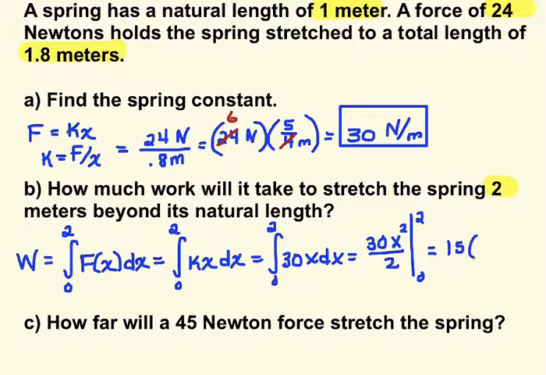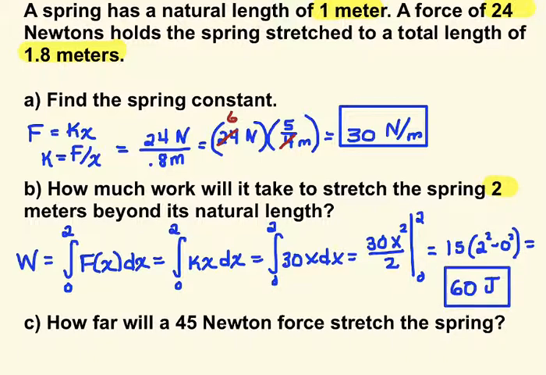And then we have x squared, which is 2 squared minus 0 squared. That works out to be 15 times 4, which is 60. And the work here is in joules. This is newtons per meter, so that's joules. So let's box this answer. So we have the work done.